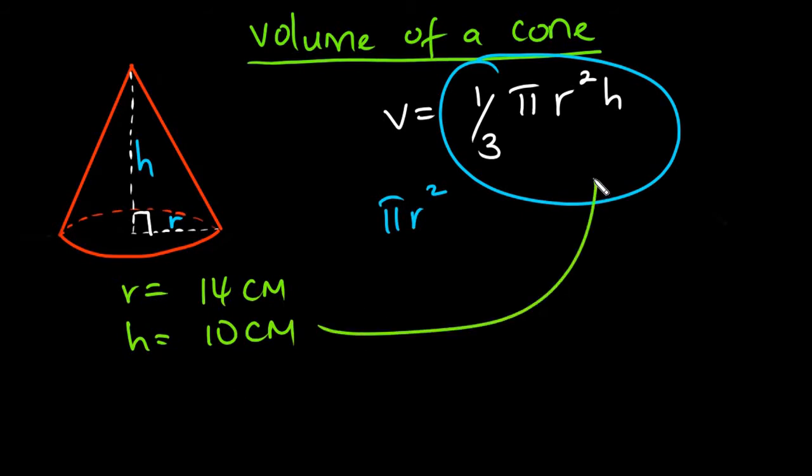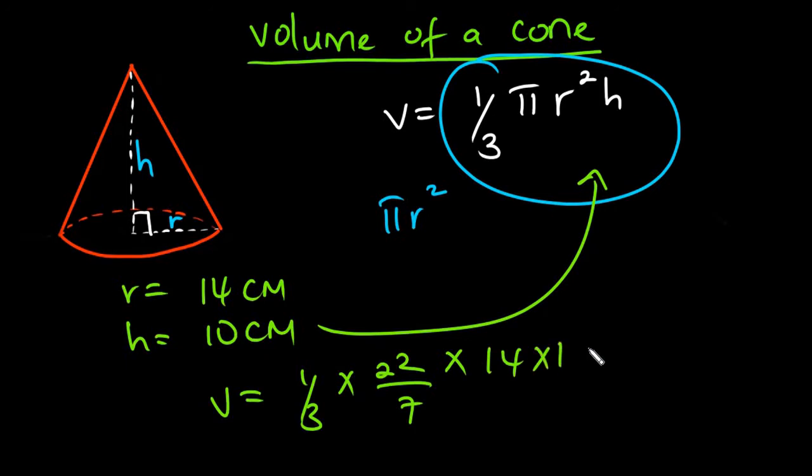So we're going to apply that formula to get the volume. The volume is going to be a third times pi, and we can use pi as 22/7, times 14 squared, so 14 times 14, and then times 10.